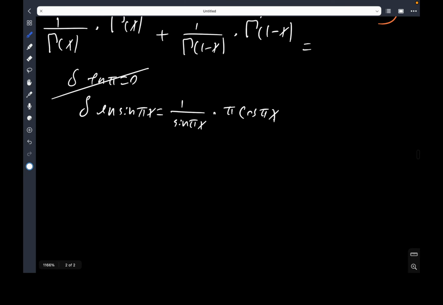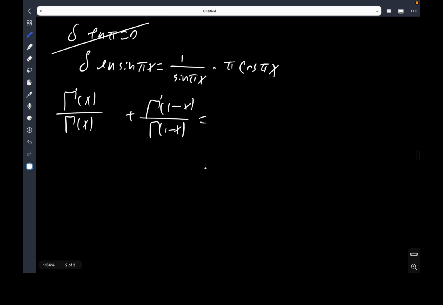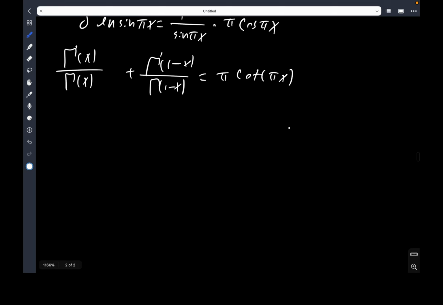Therefore gamma prime of x over gamma of x plus gamma prime of 1 minus x over gamma of 1 minus x is equal to pi cotangent of pi x.